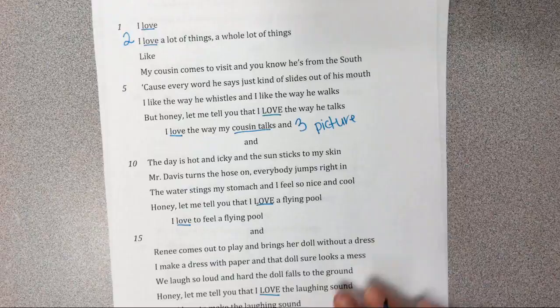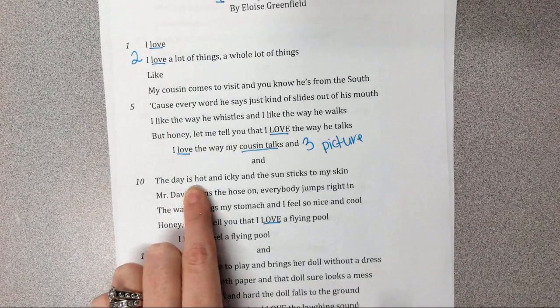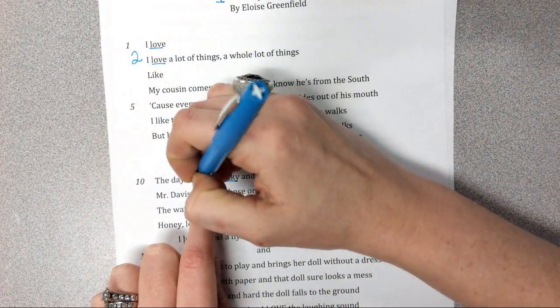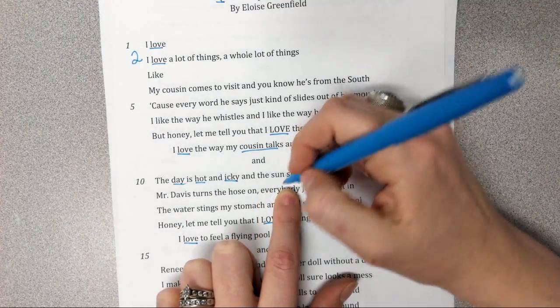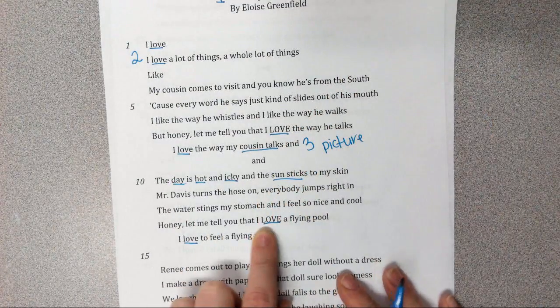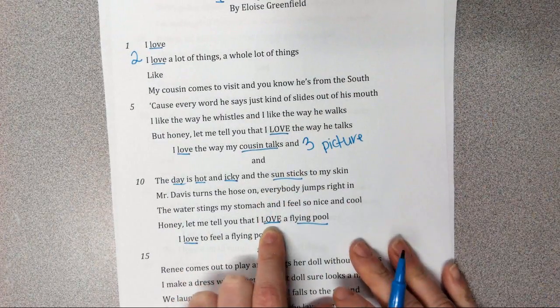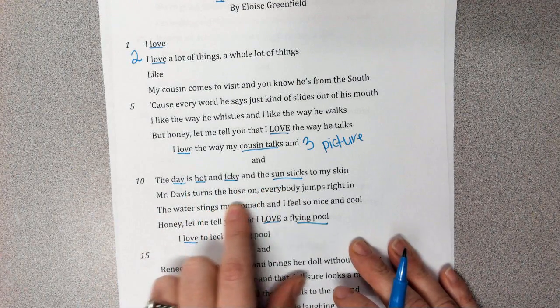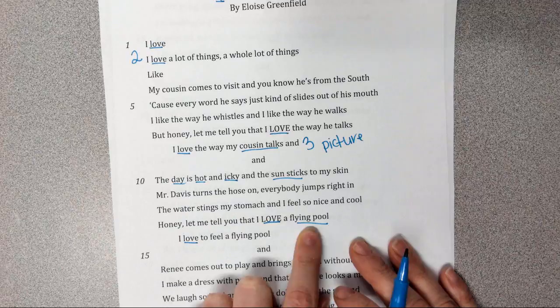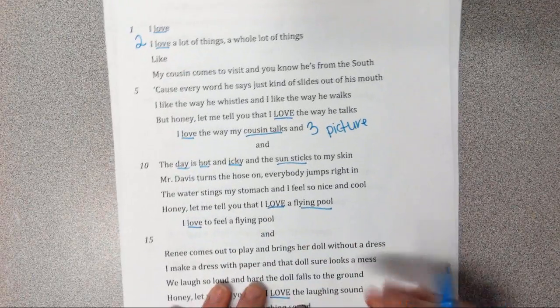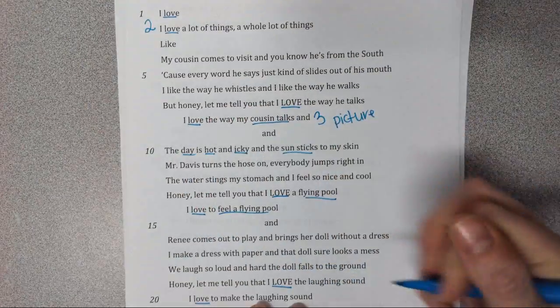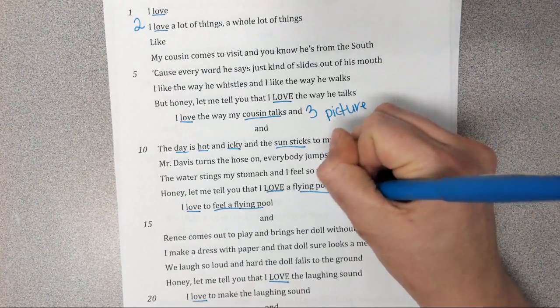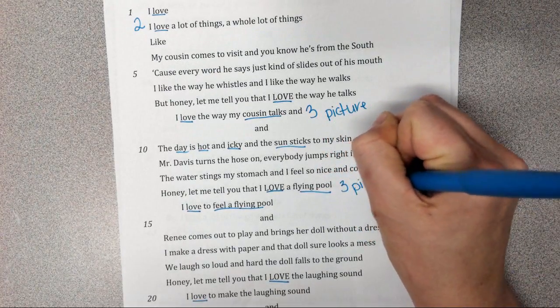And I see that they're talking about how the hot day is icky and the sun is sticking to the skin, and how she loves flying into a pool. Well, that makes sense. If it's hot and yucky and you're burning, then flying into a pool is something anybody would love, right? And she loves the feeling of flying into a pool. That's definitely an image in my mind as well.